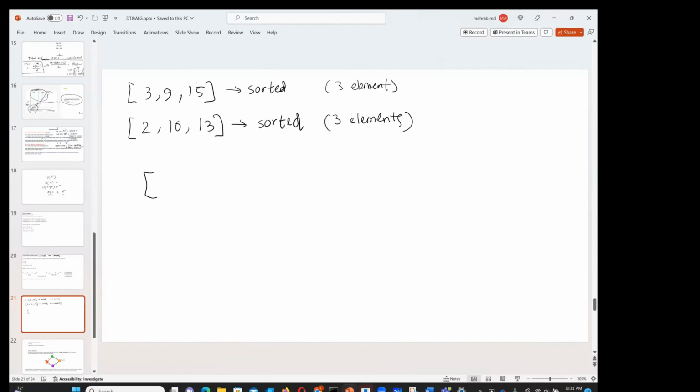If I tell you to merge these two into one sorted list, how many operations do you need? I tell you to merge these two things and get a merged sorted thing. What do I do? Can anyone tell me how you will proceed to merge these sorted lists to create one sorted list?